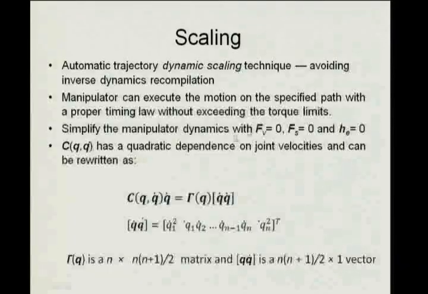Now if you look at this term C(q, q dot), it has quadratic dependence on joint velocities that we have seen, right. There is a q dot before that and a q dot after in all these equations. You just need to go back to your Euler-Lagrange and remember that there is a quadratic dependence, and the effect of the quadratic dependence that we had discussed.